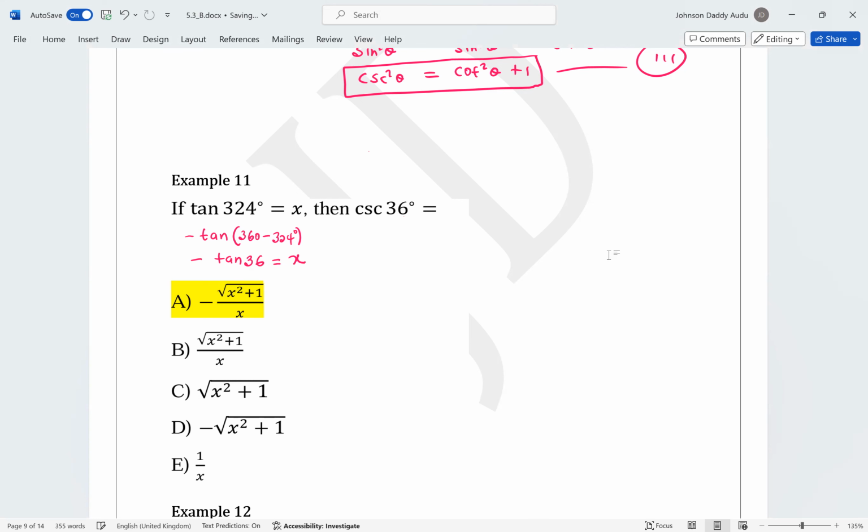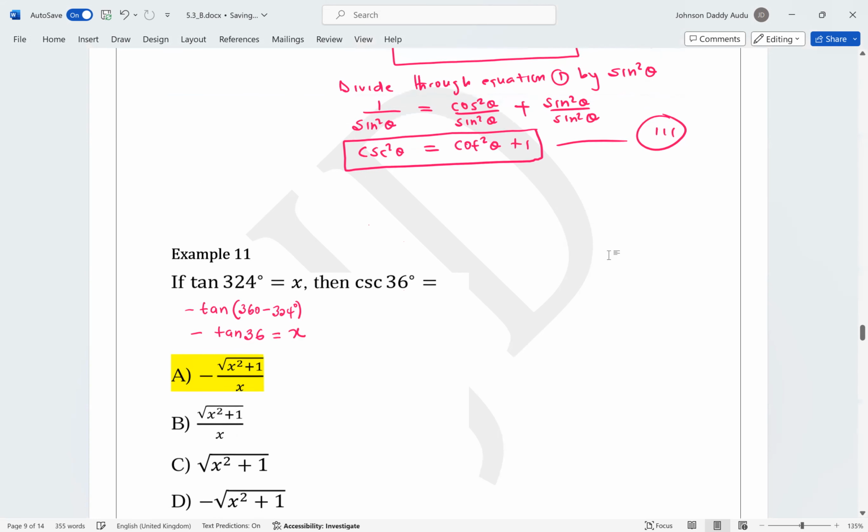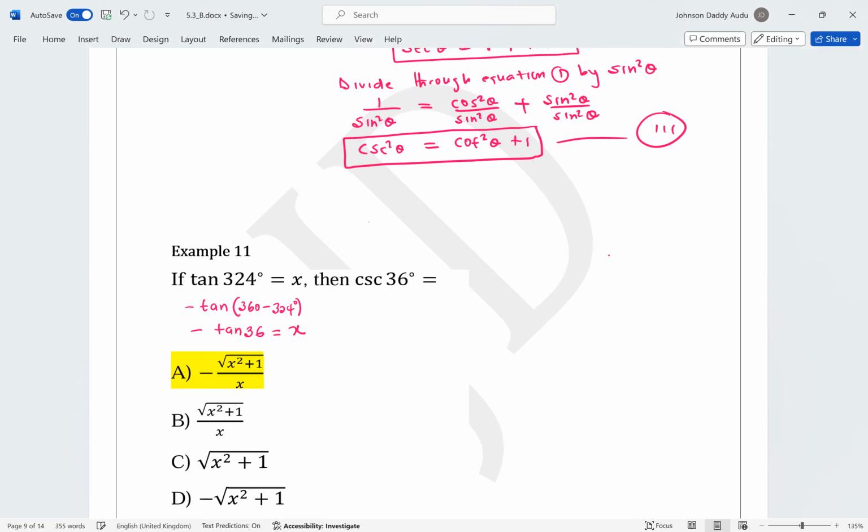If you look at all what we have, we only have a relationship between cosec and cot, right? So what can we do? If you look at this one, I can rewrite this as tan of 36 is going to be minus x, right? It's going to be minus x.